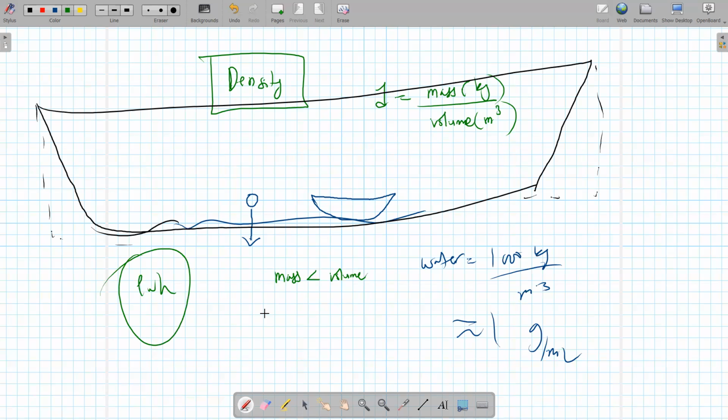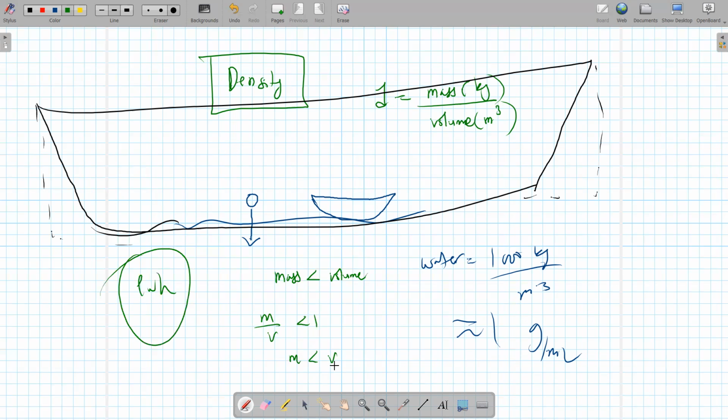You see this ratio, mass over volume? This ratio has to be less than 1 for it to float on water, which means if you multiply by V on both sides, mass has to be less than volume. So as long as you have an object whose mass is less than its volume, it should float on water.